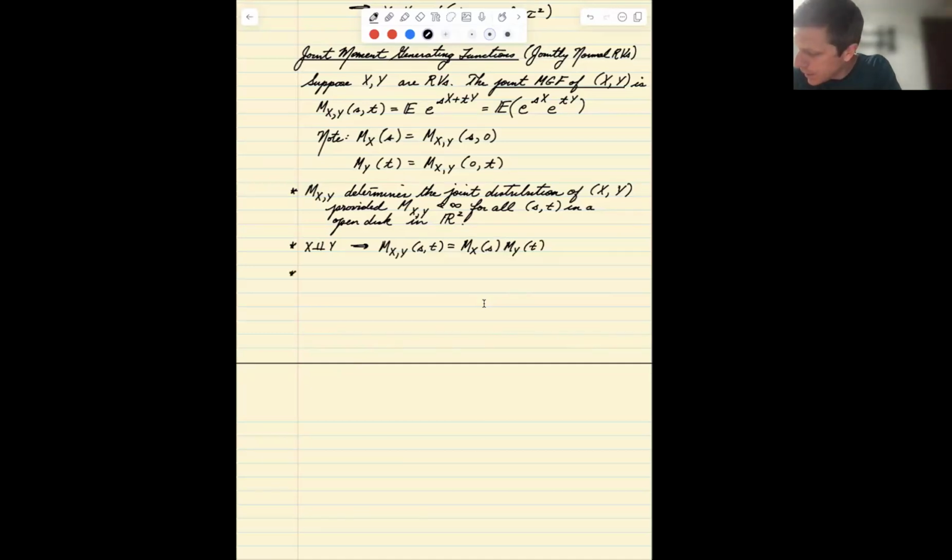And conversely, if the joint moment generating function is the product of marginals and the joint is finite in an open disk, then X is independent of Y.